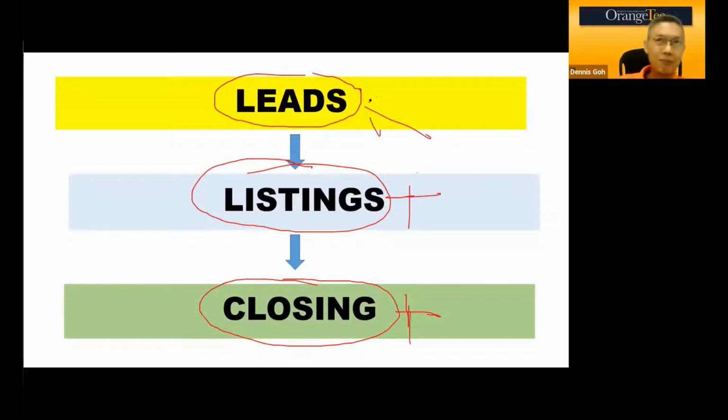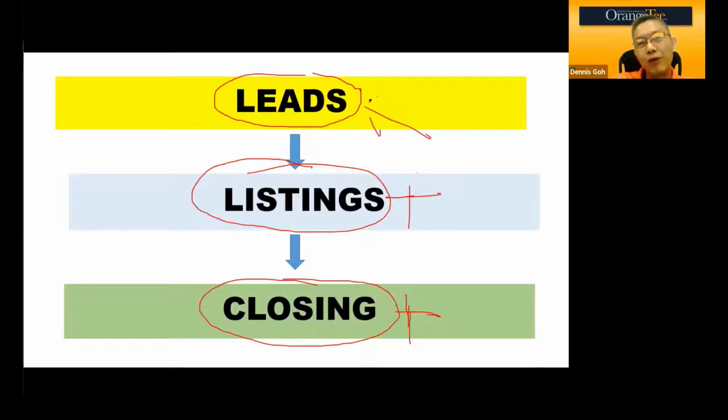Of course, along the way, most of us understand that some of the listings we are holding we may have to drop, because the buyer or tenant requests can be very unrealistic or unreasonable.